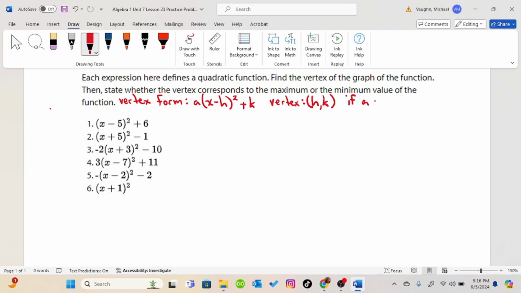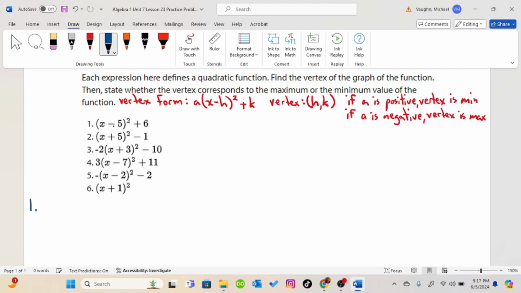If a is positive, vertex is minimum. If a is negative, vertex is maximum. So now let's look at each of these.